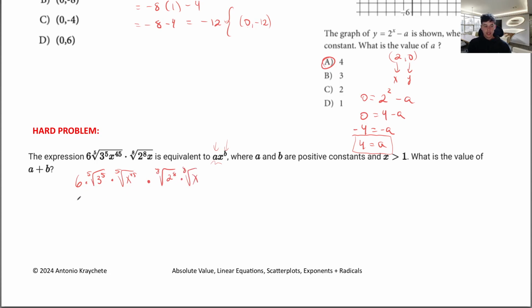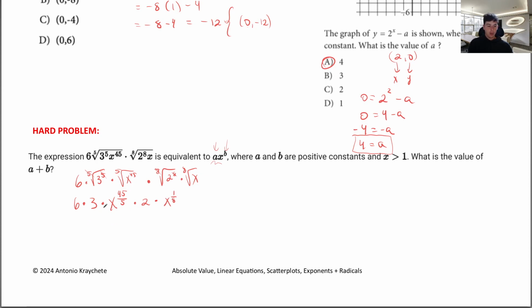Okay, so now let's do the magic. The fifth root and the fifth power cancel out. So this is 6 times 3. Let's change this into exponents. So that's x to the 45 divided by 5 times, for the 2, 8 divided by 8 cancels out, times x to the 1 over 8.